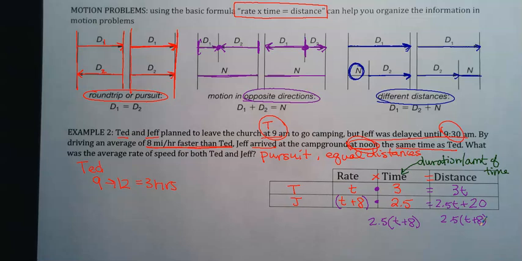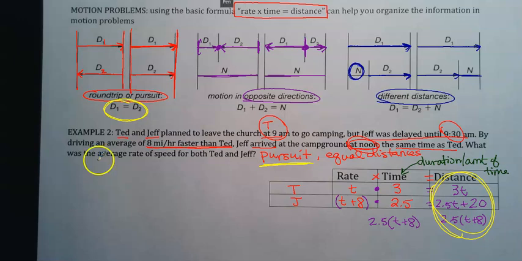Because now that we've got all of our information sorted, we're going to take this information right here and put it into an equation like this, because it's a round trip pursuit equation. That's what we decided. It was a pursuit equation. So we're going to set these distances equal and solve. Okay, let me erase this little bit of work here.